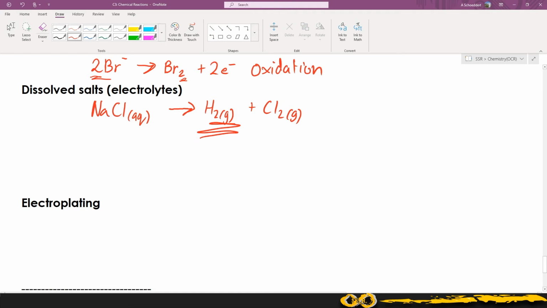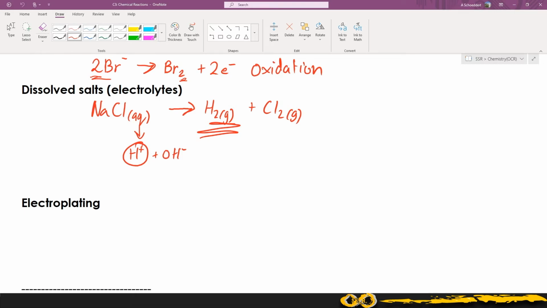You need to remember that as soon as something is dissolved in water, you have H+ ions and OH- ions that are present. And it turns out that if any metal is more reactive than hydrogen, hydrogen will be formed. If the metal is less reactive than hydrogen, then that metal will be formed.